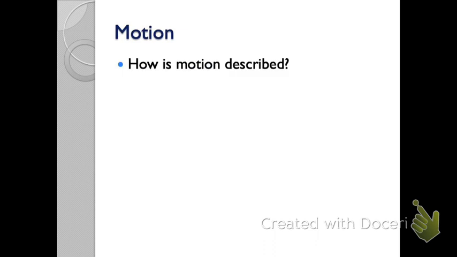All right, how do we describe motion? We've got two vocabulary terms here that we need to understand the difference of: distance and displacement. Those are two ways that we can describe how far something goes. I'm going to talk about the difference in these two terms in a little bit, because they mean very different things.